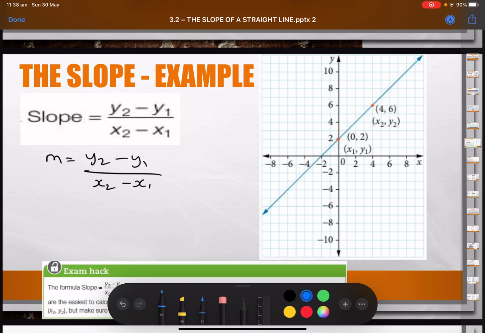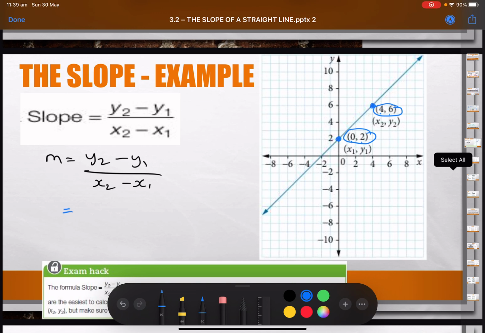So we need to identify two coordinates on our graph. Okay, so here I have got this coordinate here, which is 0, 2, and this coordinate here, which is 4, 6. So I've labeled it looking at my first coordinate, x1, y1, and then looking at my second coordinate, x2, y2, because x is our first value, y is our second value for a coordinate.